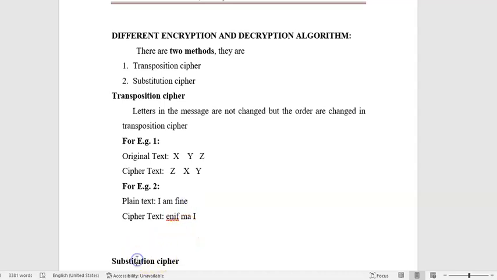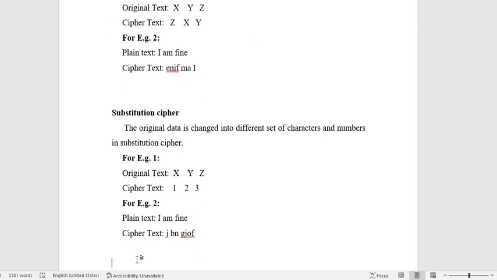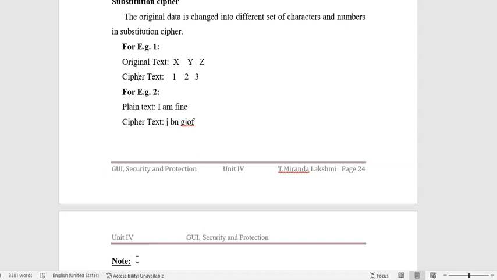Substitution. What is substitution? We are going to substitute a letter with a number, a letter with a letter, or a number with a special character. We are going to substitute a different set of characters and numbers. That is called a substitution cipher. The original data is changed into a different set of characters and numbers. For example, this is your original text, XYZ.